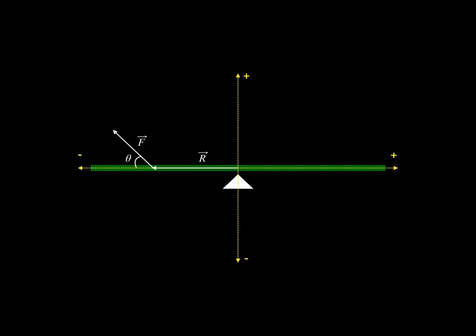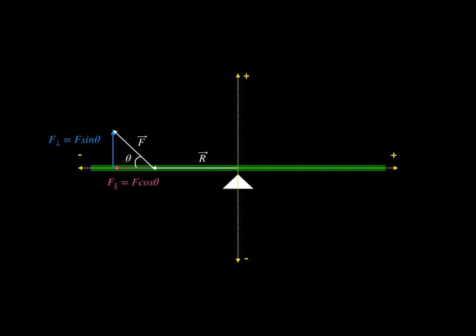Because torque is a vector product and requires the two components to be perpendicular to each other, we need to separate the force vector into its pieces that are parallel to the object and perpendicular to the object. Using trig, we find that the parallel portion is equal to f cosine theta, while the perpendicular portion is equal to f sine theta.